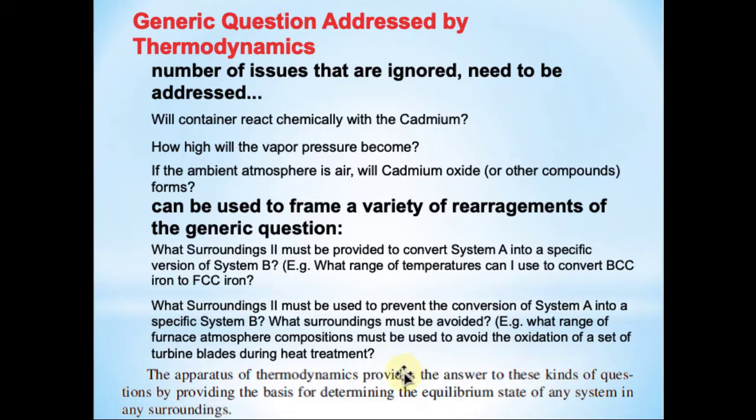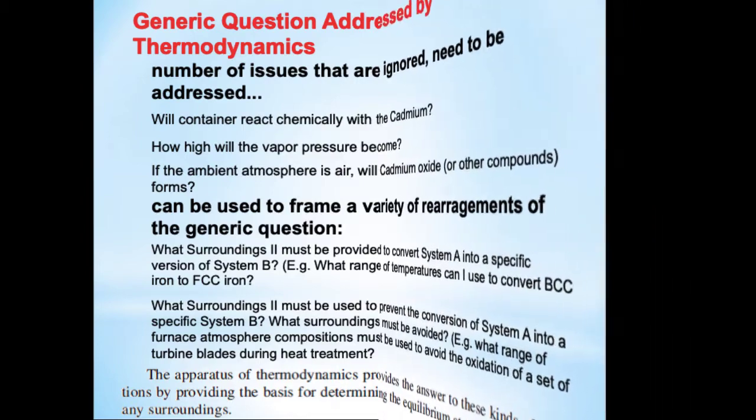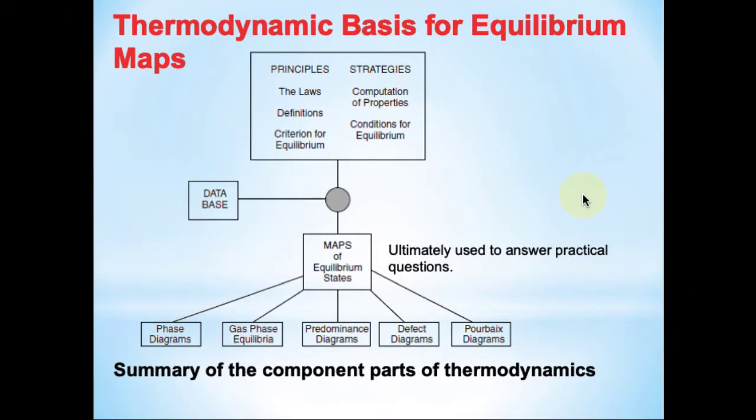The apparatus of thermodynamics provides the answer to this kind of question by providing the basis for determining the equilibrium state of any system in any surroundings. This figure provides a summary of the component parts of thermodynamics and how they fit together to produce maps that are ultimately used to answer practical questions.